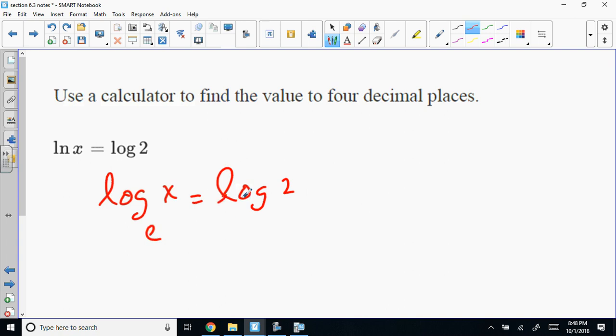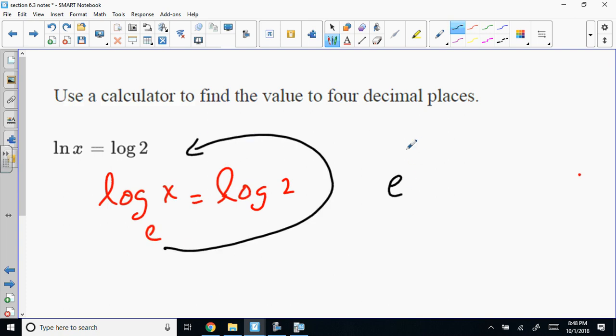And I can't do change of base because I got natural log, which has a base e, and that's not base 10. So I could change it which way? e to the log of 2 is equal to x. Let's see, there's a property I know that's got that.